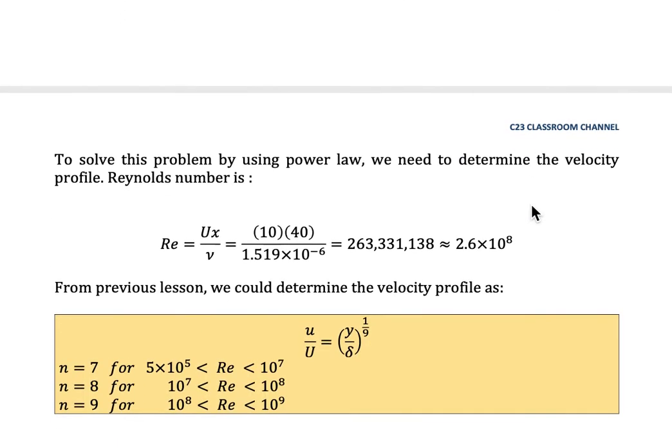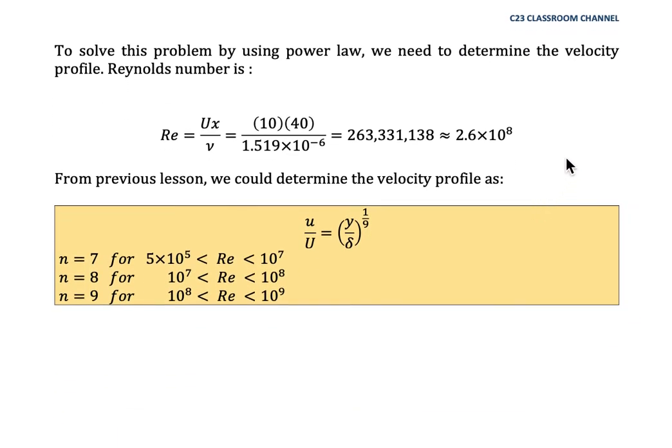In this question, they also ask to compare the empirical method and the power law method. For the power law method, we first need to determine the velocity profile. The velocity profile for turbulent flow is u over U equals y over delta to the power of 1 over n, and we need to determine the value of n, whether it is 7, 8, 9, 10, and so on.